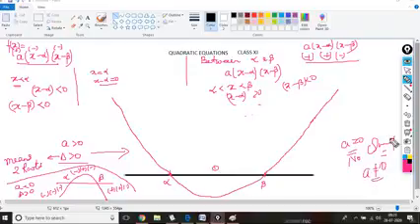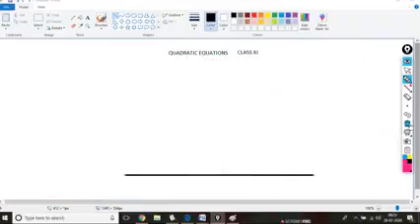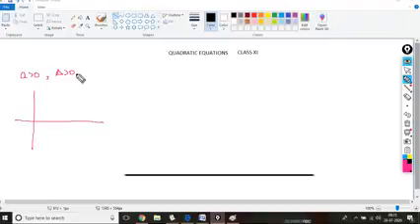Okay. So we have drawn the graph of a quadratic expression. I'm going to redraw it so that all of you understand. I'm going to draw for a greater than 0 and delta greater than 0. This is the graph.